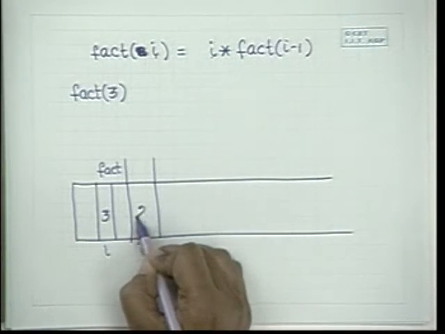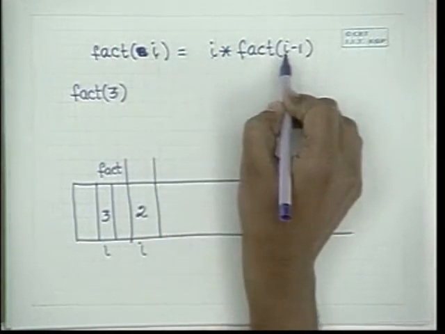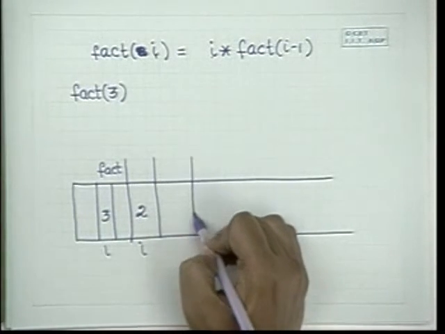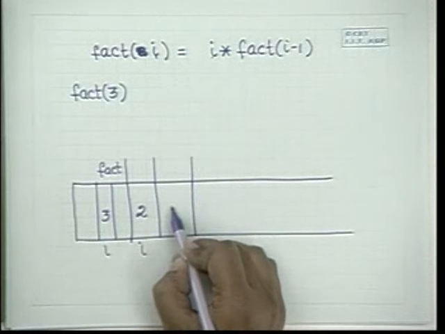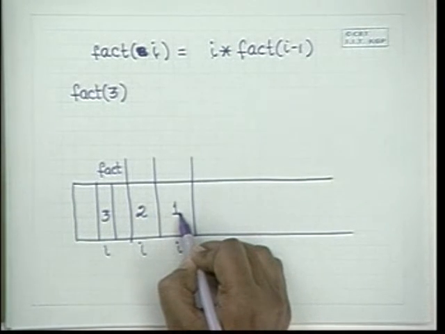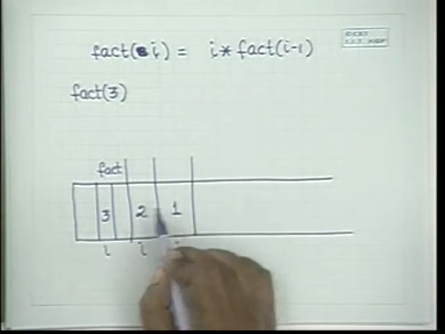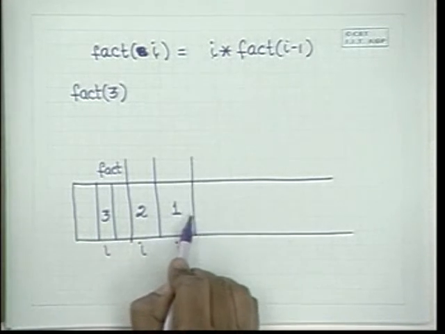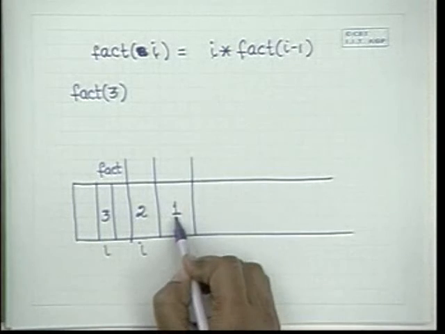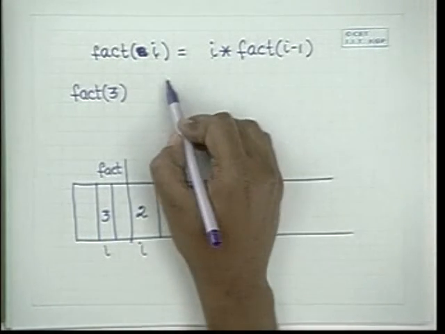So you get 2. Now once you get 2, since this is still greater than 1, again you call fact. So another data segment is created with the value of I to be 1. So new copies of the data segment continue to be created one after another like this.